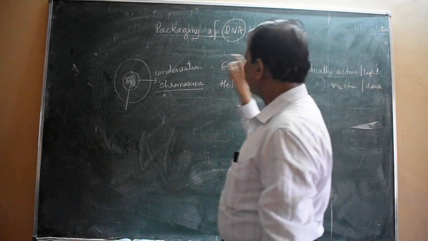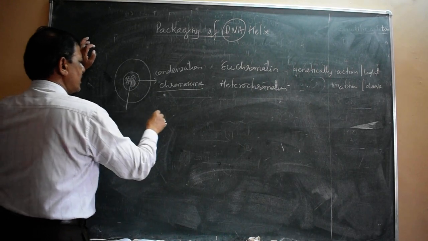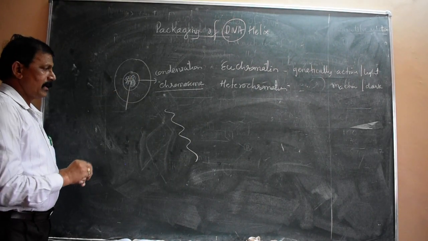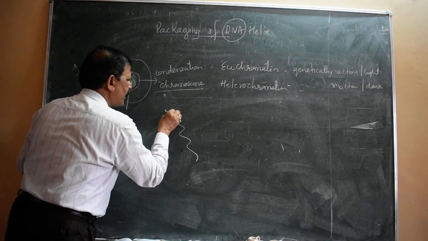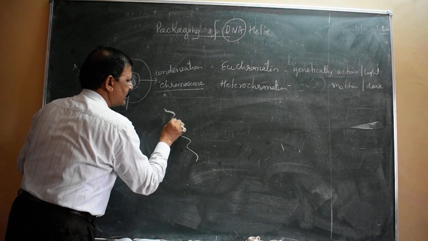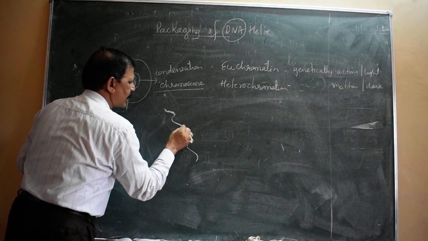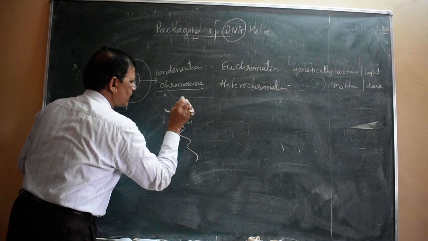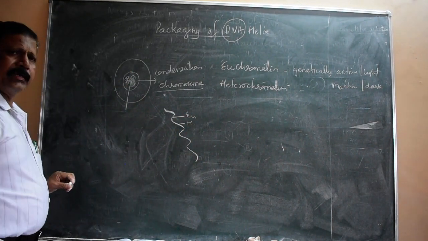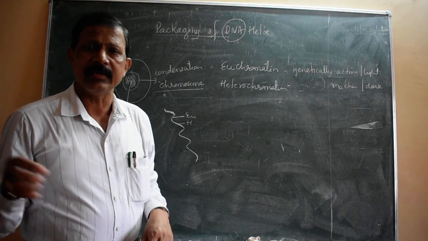So here this is chromatin, this is nuclear material. You see this nuclear material, if I take it outside, somewhere there is a dark region, then again dark, then again dark. So this dark is heterochromatin, and this light is euchromatin.